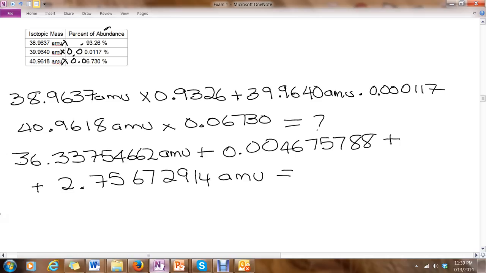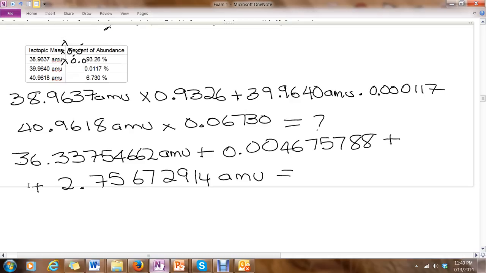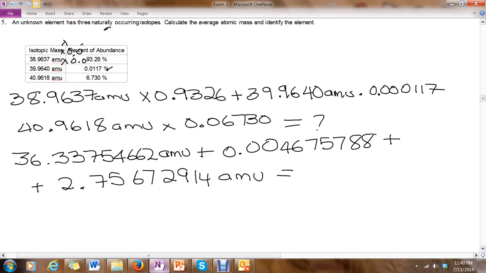So the average mass is going to be the sum of 36.33754662 and the other two products, which equals 39.09895155 AMU, because if you multiply AMU by an exact number you get AMU.